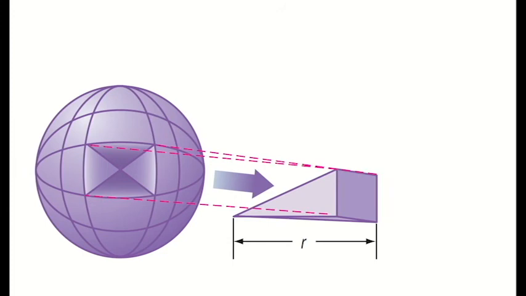Now, when we break that up and pull those pyramids out, what we have to understand is that the height of that pyramid, because the vertex of that pyramid is at the center of the sphere, is actually the radius of the sphere. So we're looking at 1/3 the area of the base, whatever that first base is here, times the radius.